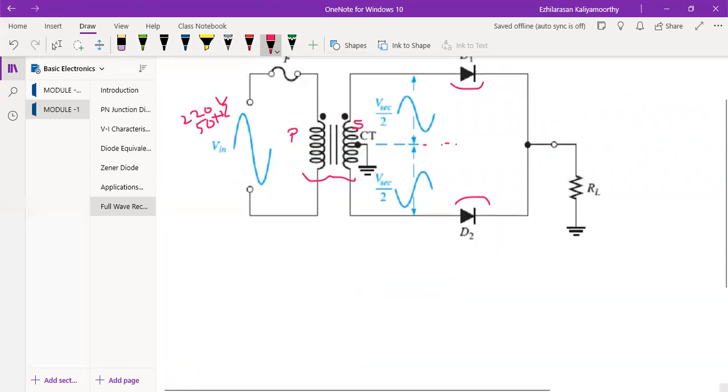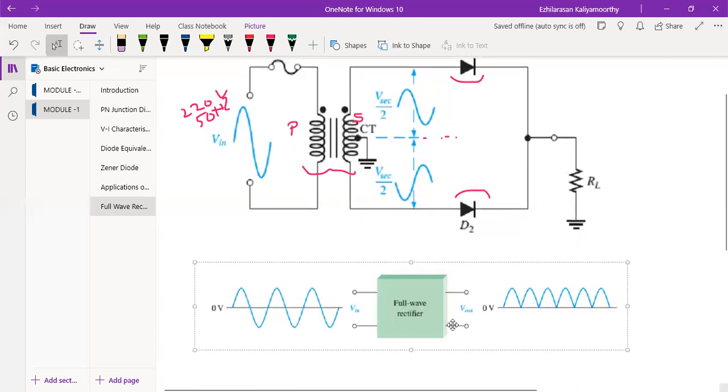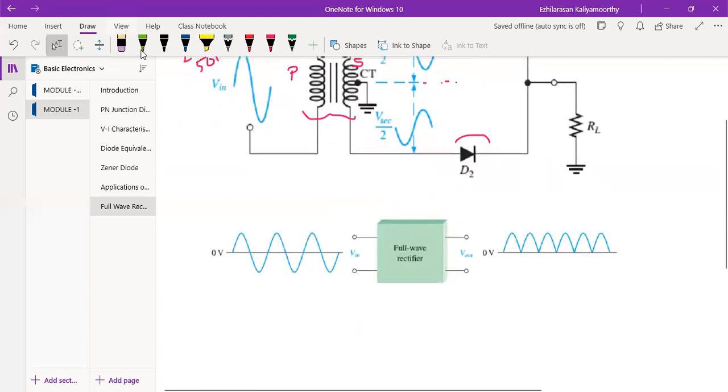Now let us see how this will work. I need to show a simple diagram of how it works. This is your input and this is your output.